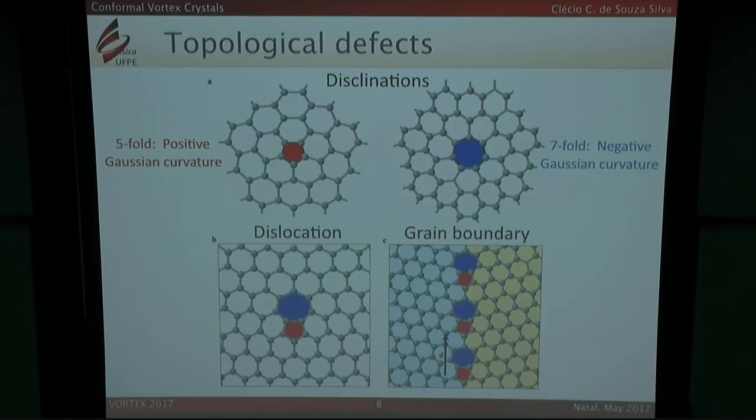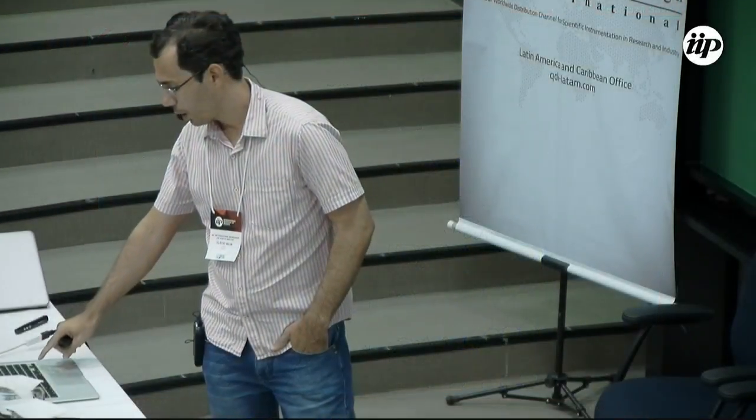And this also costs a huge amount of energy. So typically these defects appear in pairs, so-called dislocations. And sometimes these dislocations form a chain of material like this, and then you have grain boundaries. So these are typical defect structures in crystalline materials, in two-dimensional crystalline materials.